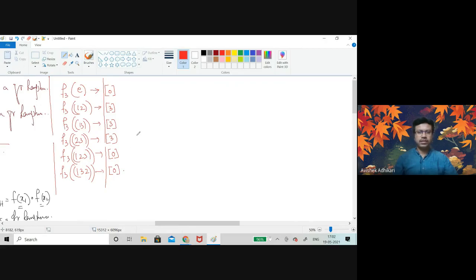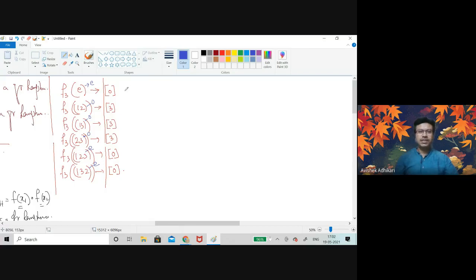Okay, so he has given a kind of idea of even permutation and odd permutation, right? So that is playing in your mind. So this is even permutation goes to 0 and odd permutation goes to class 3. So this is odd, this is odd, this is odd, this is even permutation, this is even permutation. So even permutations are going to 0 and odd permutations are going to 3.